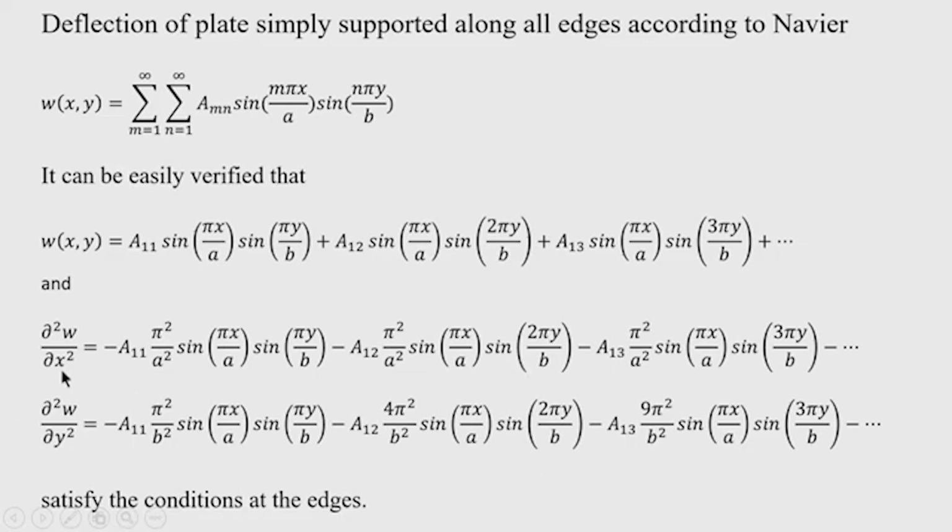So, you can see that these derivatives satisfy the condition at the edges, because bending moments have to be 0 at the respective edges. Now, we have to differentiate it up to fourth order, because the differential equation is a fourth order equation.